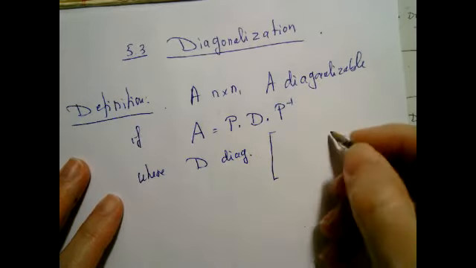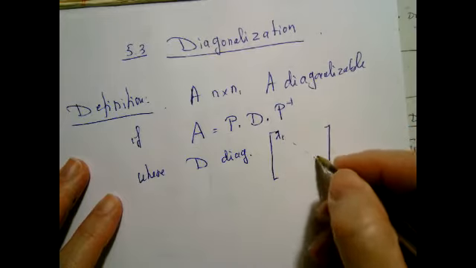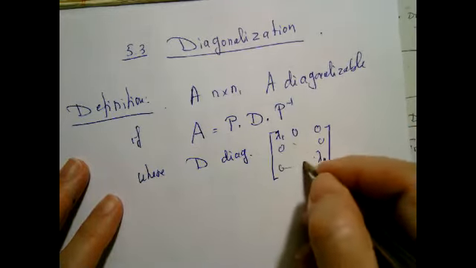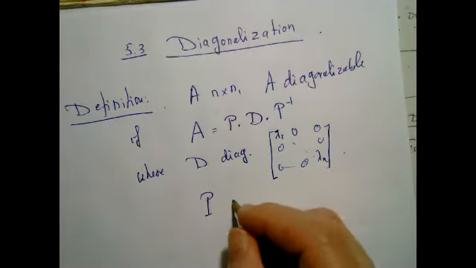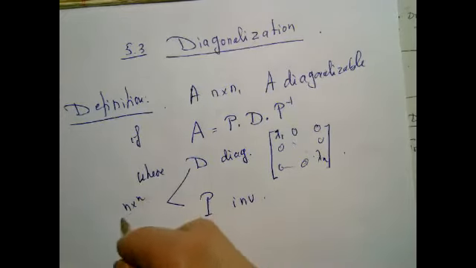Diagonal means that it has terms along the diagonal and everything else is zero. That's a diagonal matrix, where D is diagonal and P is invertible. And both are n by n.